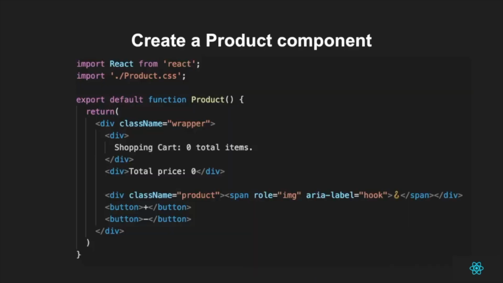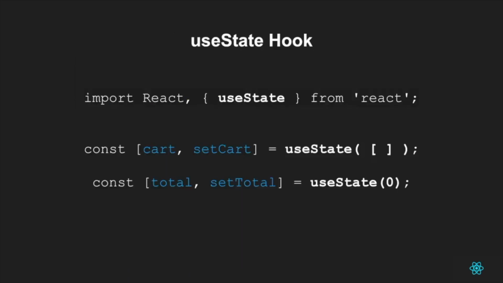Here is what we're going to make. We create a product card, and this is simple hard-coded text. My shopping cart has 0 items, price. And I also display my hook here, and some add and remove buttons, but this is not working, or not yet, of course. I define two useState hooks.